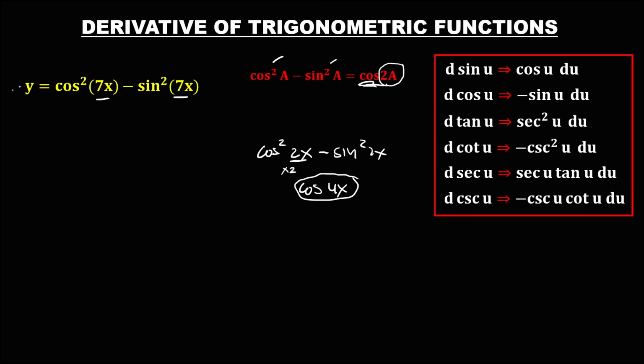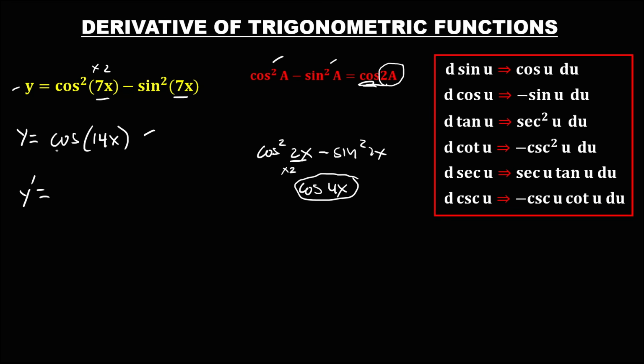So from this given, to find the identity, this is cosine, then times 2 for the angle. So this becomes 14x. Then from this, we can evaluate the derivative.